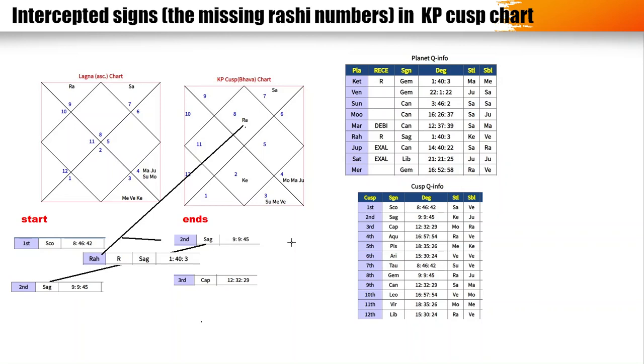Let's take another example. Let's take the sun, right? So the sun you find over here, it is in the 8th cusp. Whereas here, if you see, the sun is in the 9th. Why is this happening? If you look at the 8th cusp, it starts from Gemini 9 degrees 9 minutes, and then the span of the 8th cusp ends.